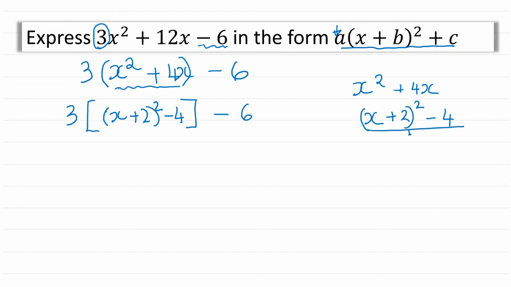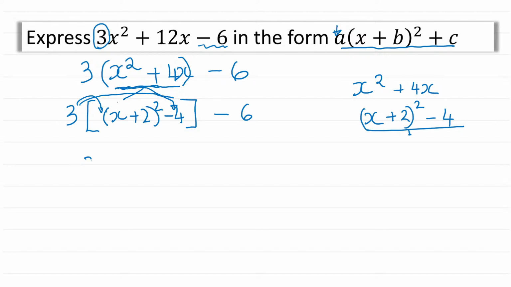You need to be very careful because we have this 3 outside and this 3 belongs to everything that was here before. Okay, so remember, when we completed the square on this part, this whole thing is what we got. Now we're going to put the 3 back. So the 3 needs to go here, and then it needs to go to this 4 as well, negative 4.